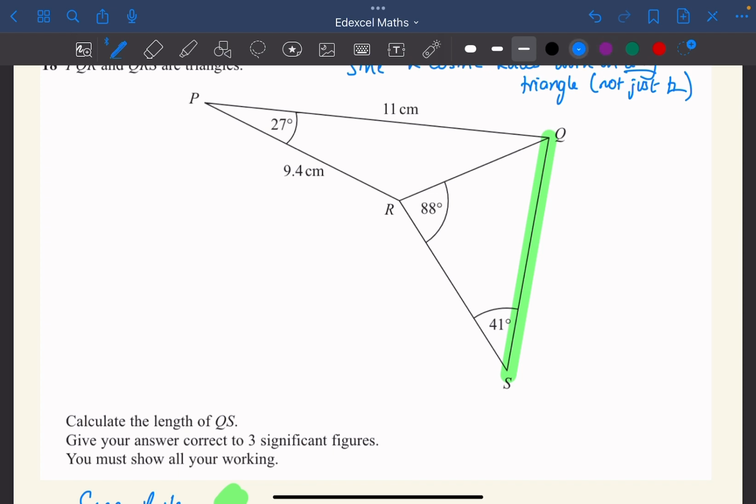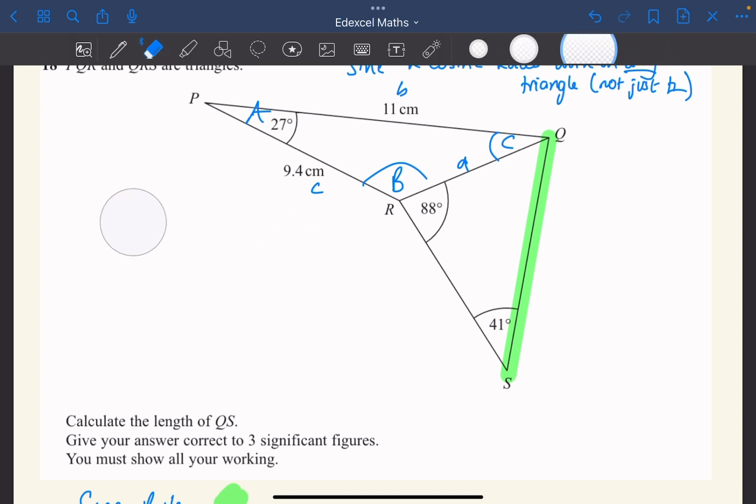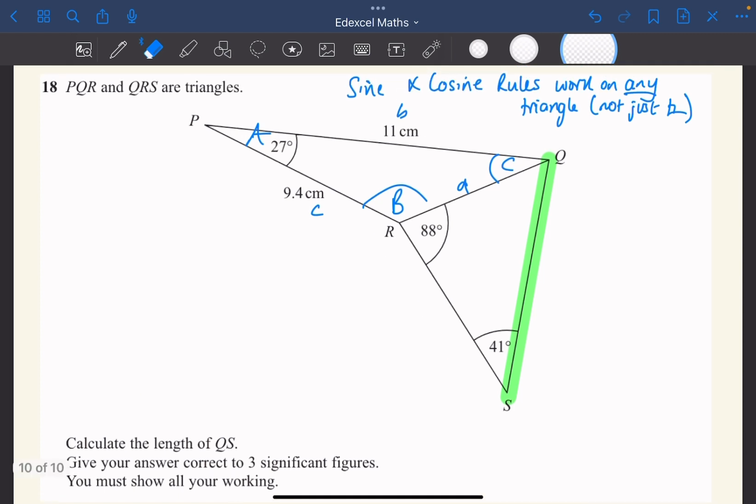For the sine rule, if that's a, that's b, that's c, then a over sine A is a over sine 27 equals b, which is 11, over sine B. Right away there's something you don't know here and something you don't know here. There are two unknowns, so you can't solve the equation. That's why you can't use the sine rule. But what you can use is the cosine rule.